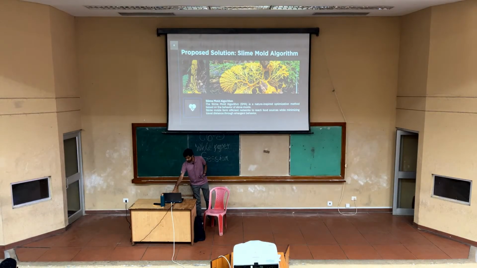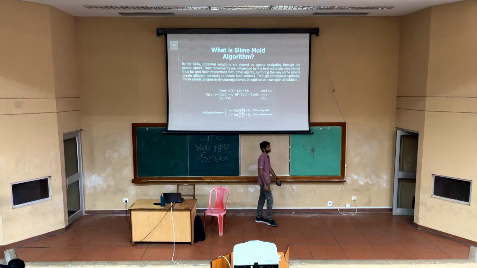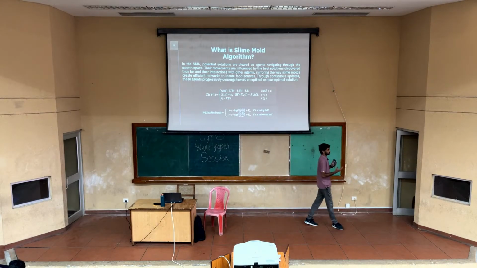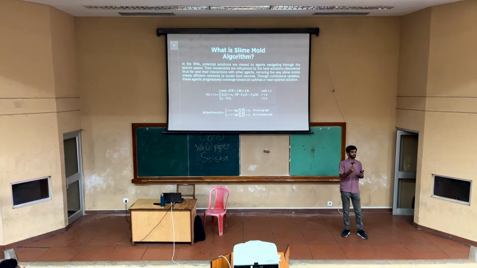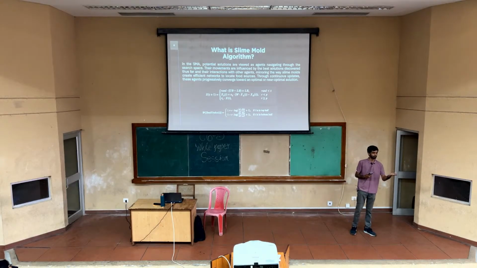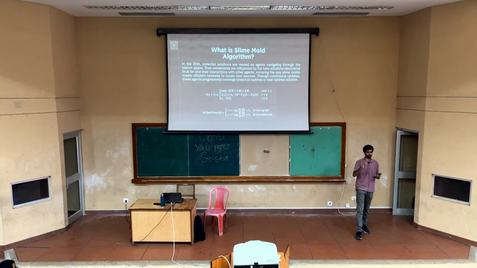So you can see this is the slime mold algorithm, and this is the slime organism. So how do we code this? In the slime mold algorithm, we depict every possible solution as an agent, and every agent moves through the search space. In our use case, this search space would be a city map, right? When an agent moves, its position is determined by mainly two things.